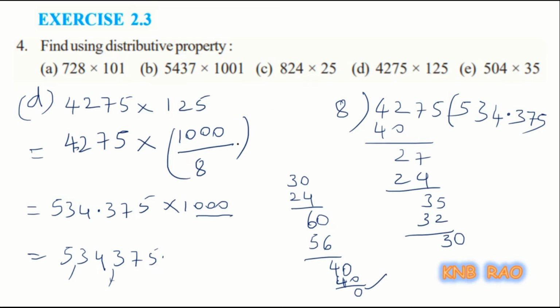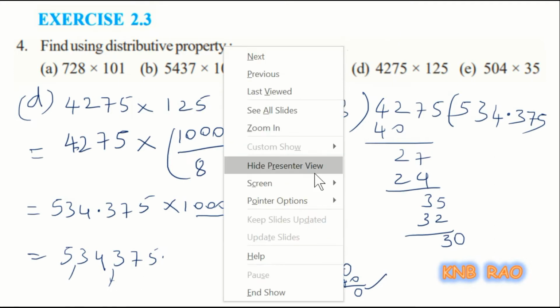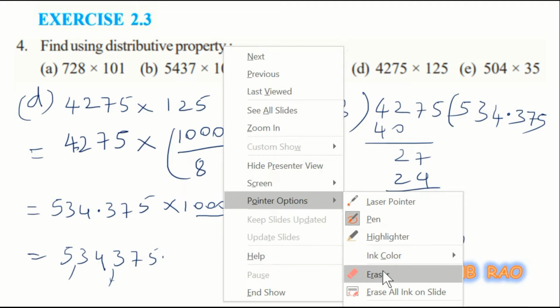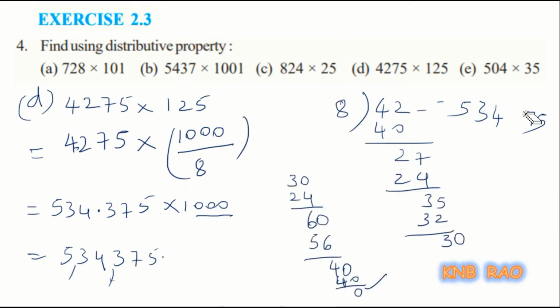How we can use distributive property? Let me do the same question with another method. Okay, now I will take away this division work, here this division work alone I am taking away.